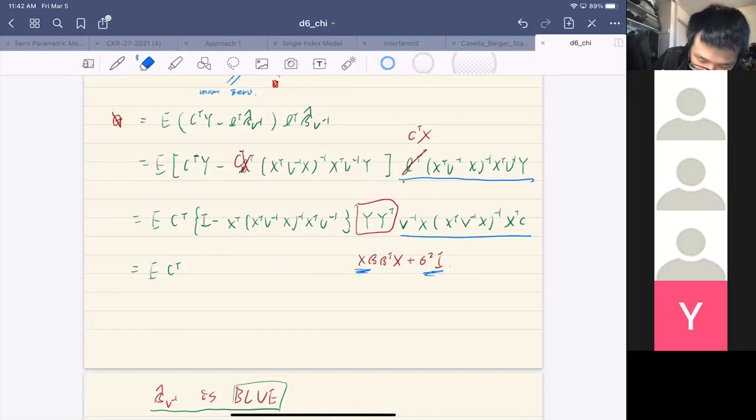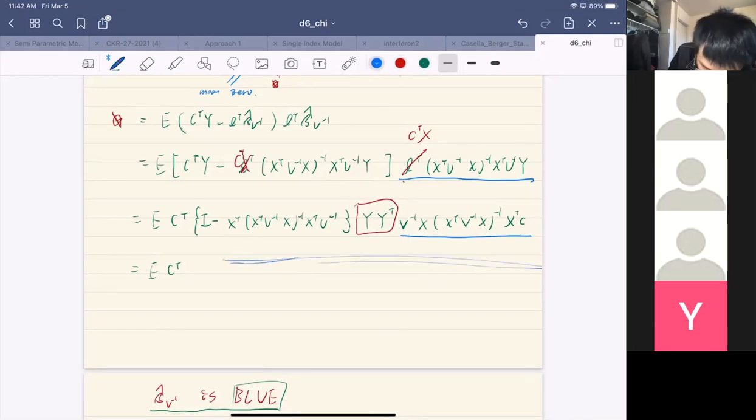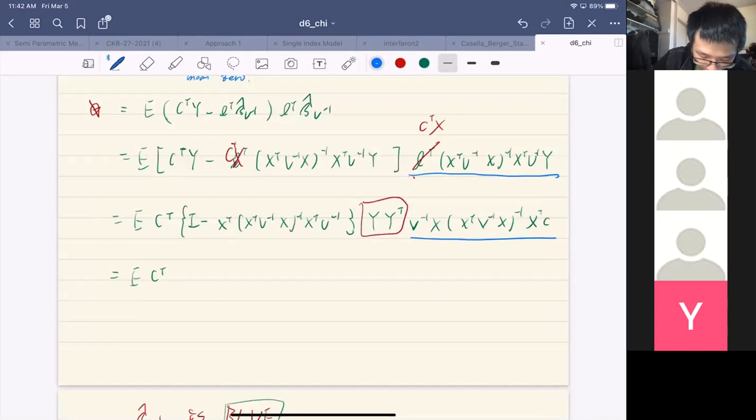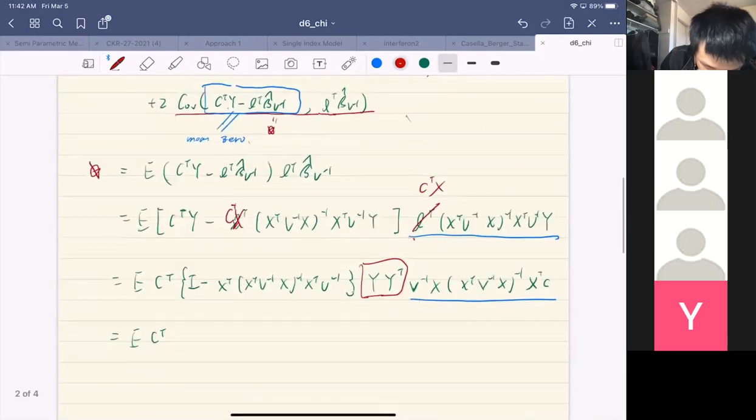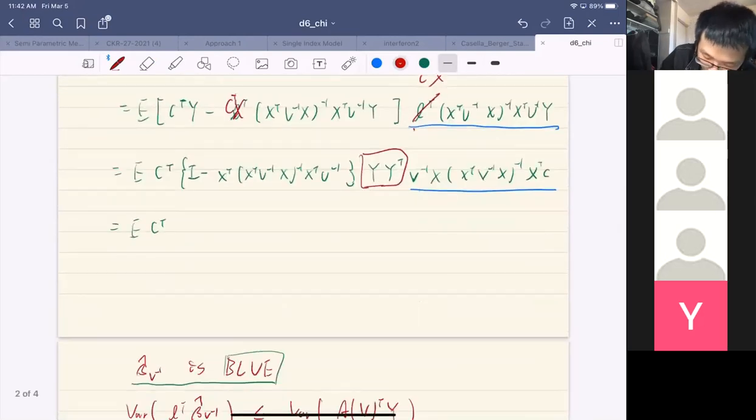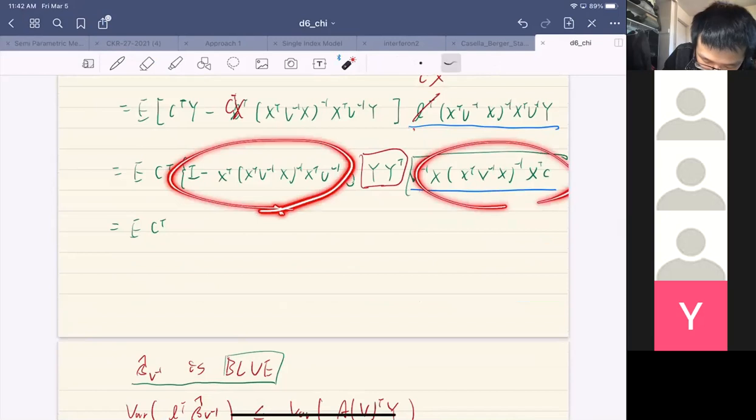Okay, I think this is not a good idea. Yeah, sorry, I will fix it. I think I must have done something wrong in the beginning. Yeah, I just realized this term multiplied by this term is not zero, but it should be zero.